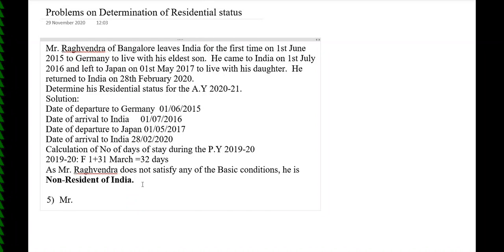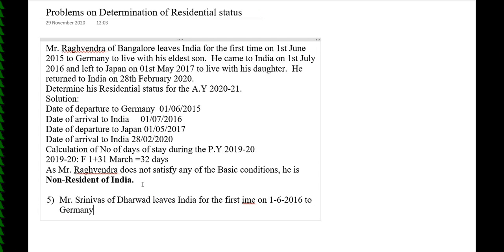Mr. Srinivas of Dharwad leaves India for the first time on 1/6/2016 to Germany to live with his eldest son.